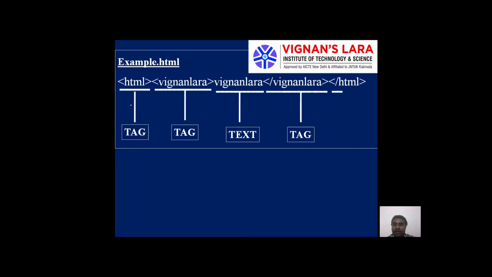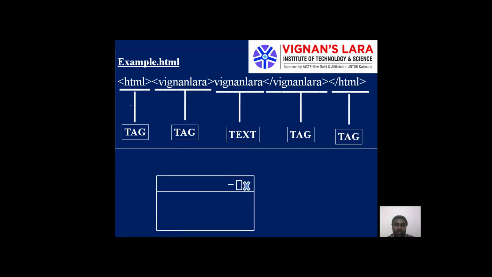After that I have written slash HTML. After interpreting this, the web browser encounters that this is a tag in HTML, and that too a predefined tag. After processing this tag, the web browser comes to know that this is the end of the HTML document. Your output will contain a header section and a body section.